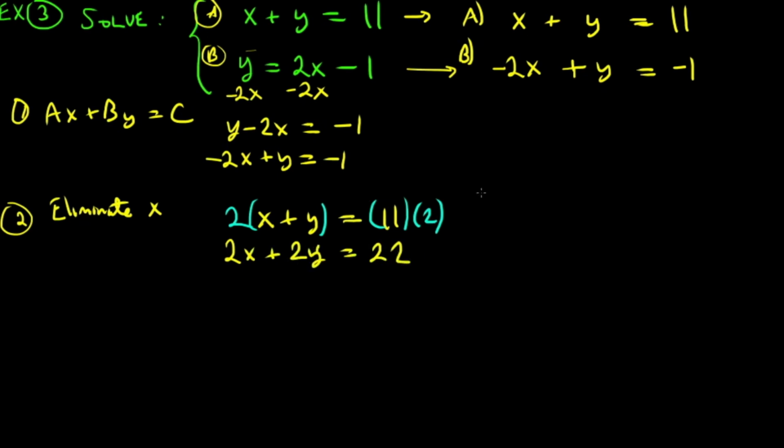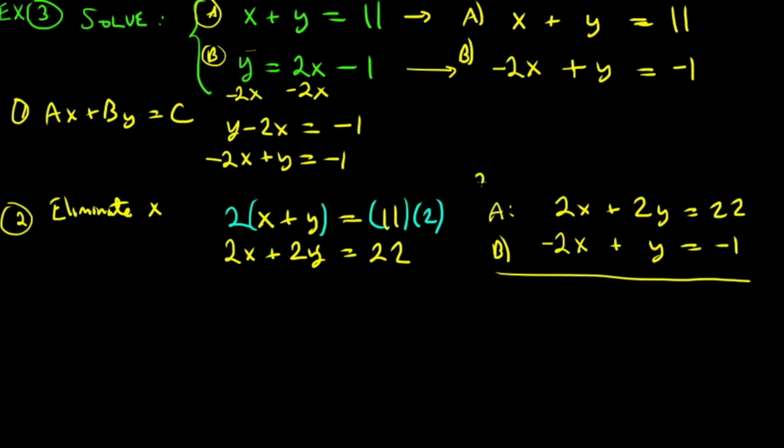Okay, so that's equation A. And equation B, we can leave that alone because we already have the negative 2x, and that will cancel with the positive 2x, right? So in step 3, you just add the equations, right?